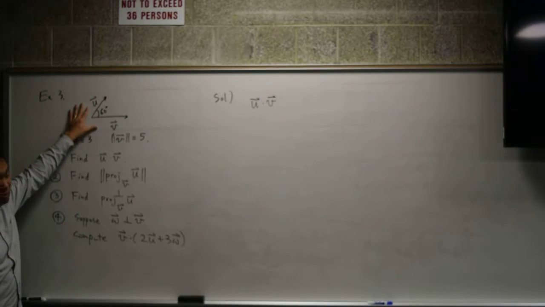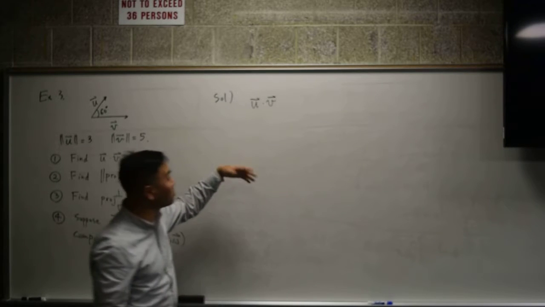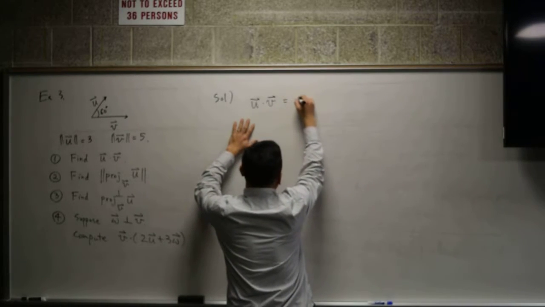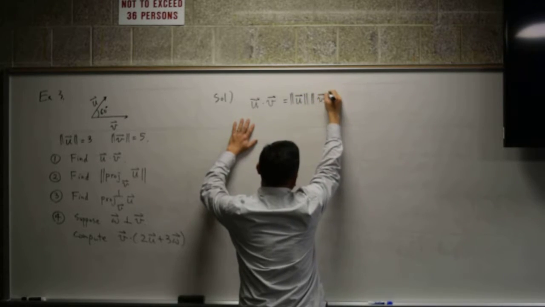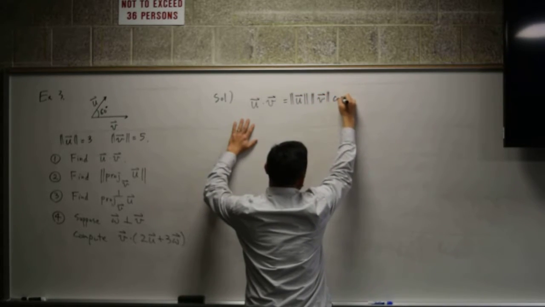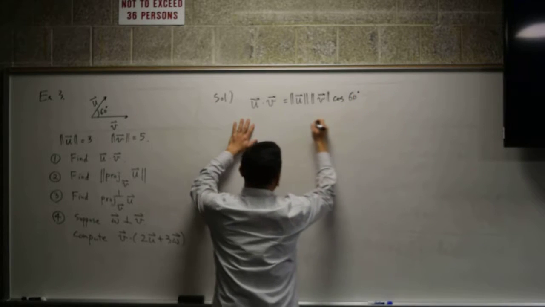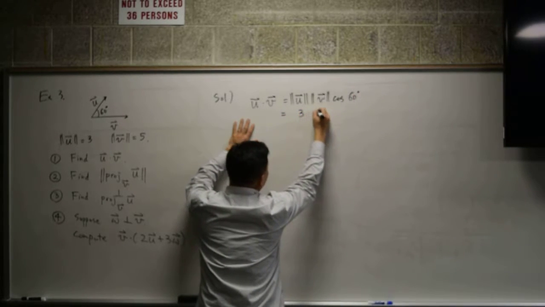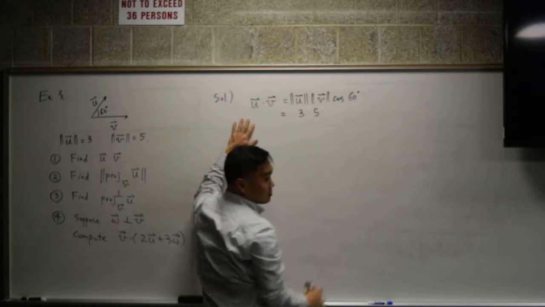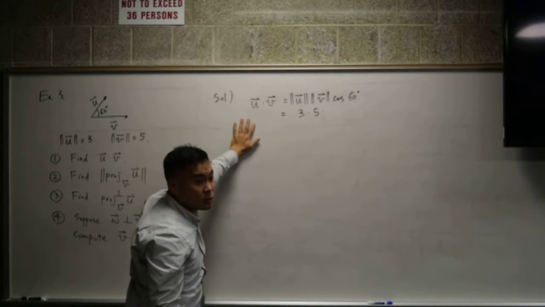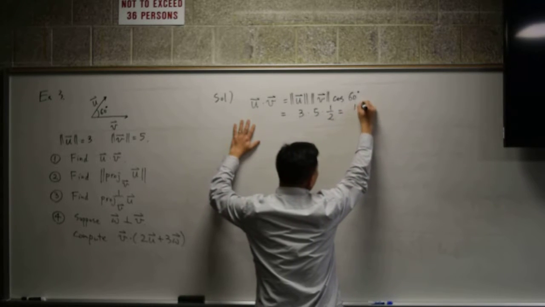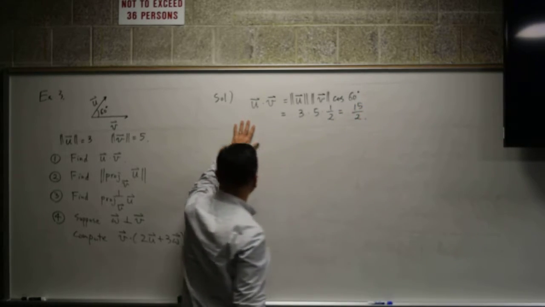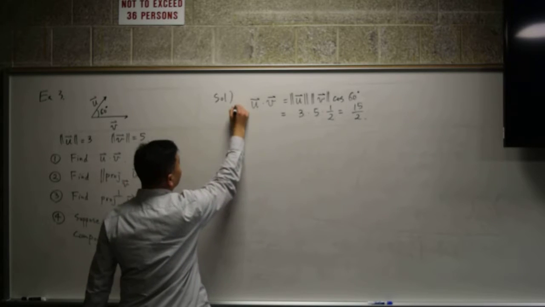Therefore, the only choice we have is to go back to the original formula, which said that you multiply the magnitudes and then multiply the cosine of the angle between. That's 3 times 5 times cosine 60, which is square root 3 over 2? Nope, 1 over 2. It's 15 over 2. So that's number 1.